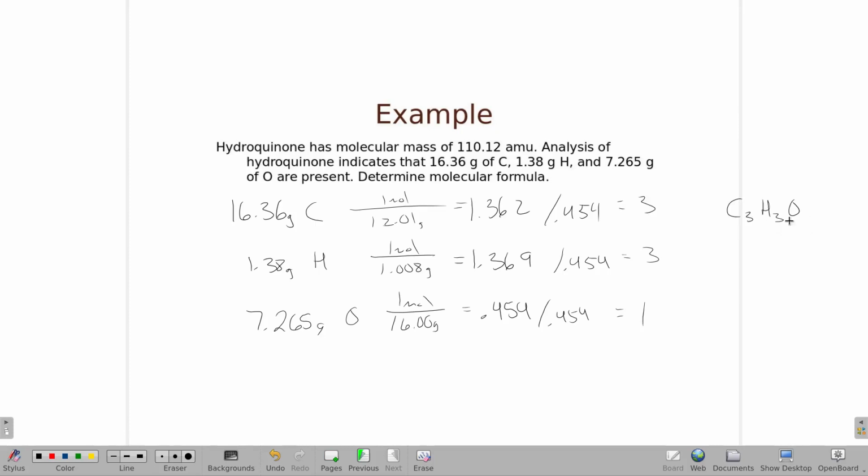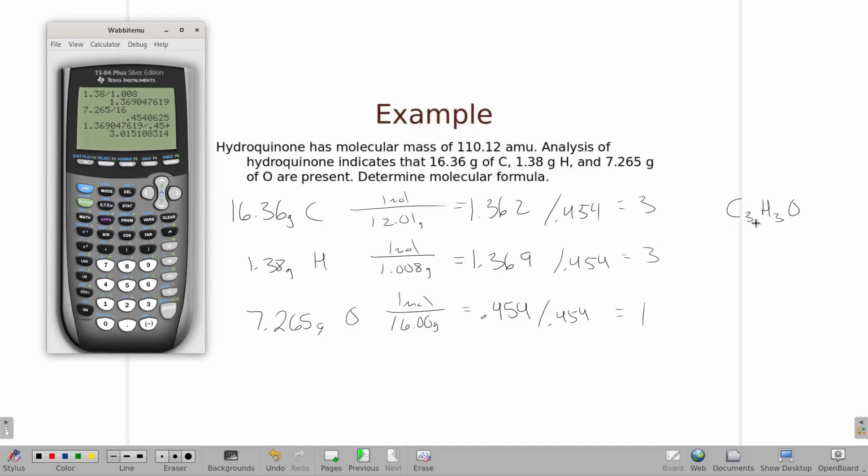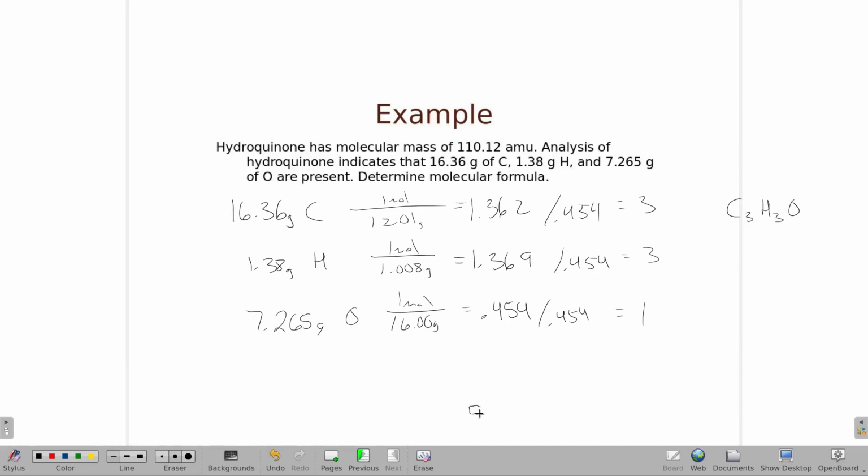Alright, now we've got to determine if that empirical formula is the molecular formula. So I'm going to figure out how much that would weigh. So I have 3 carbons, 3 hydrogens, and a single oxygen. Mass of that is 55.05.